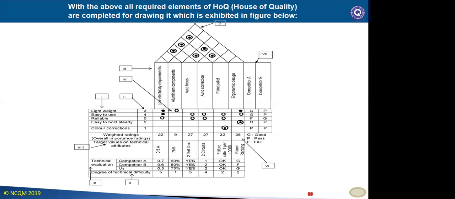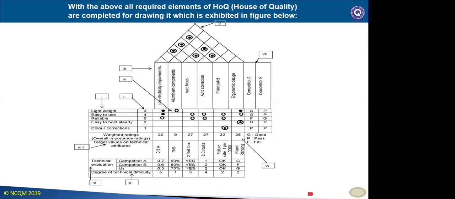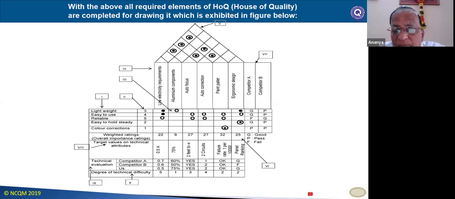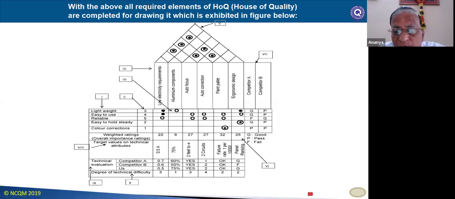That is 6. Then we come to 7, which is competitor A and competitor B. Competitor A, on the first parameter, lightweight, they are very good. Their camera is very light. On the second, easy to use, they are also good.